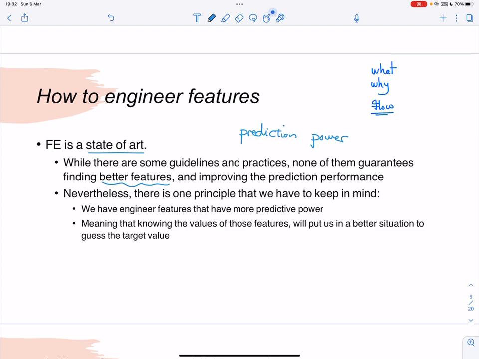So what is that principle? That principle is basically looking at the new feature from the point of view of the prediction power.